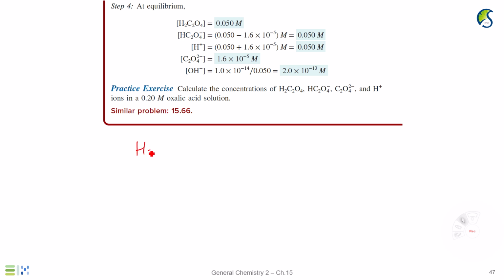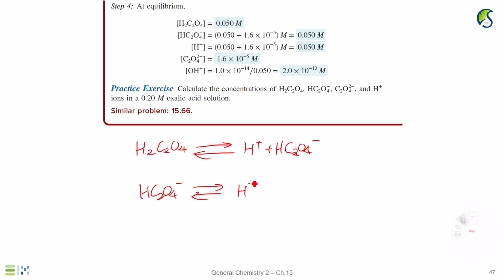We have this diprotic acid. So we have in solution these two reactions happening at the same time, right?